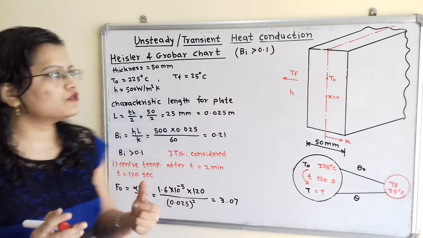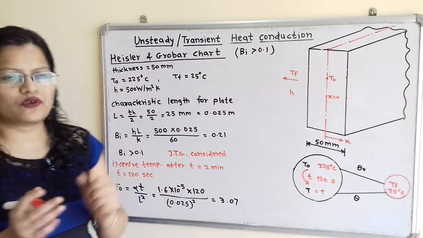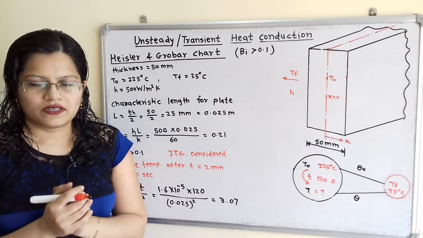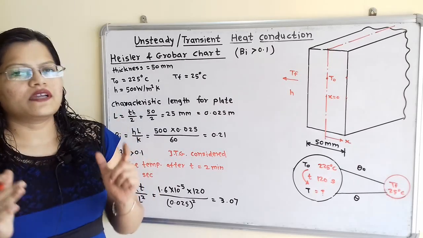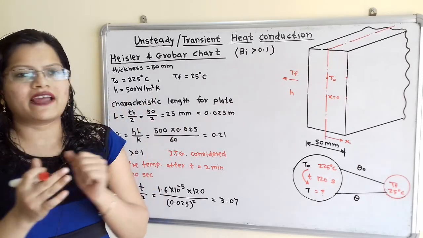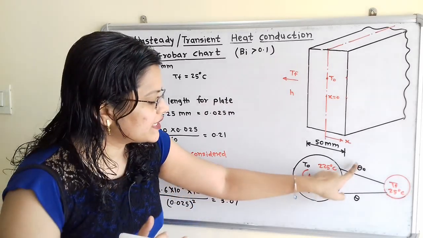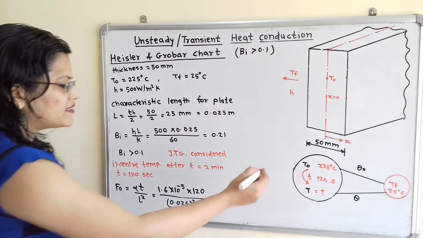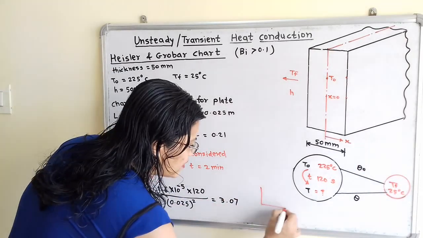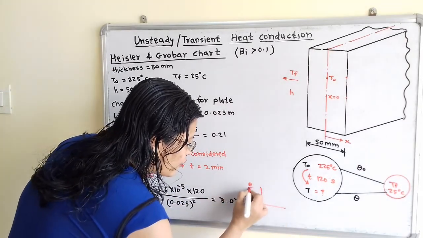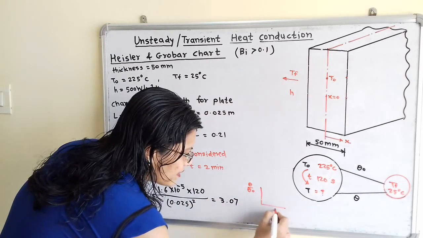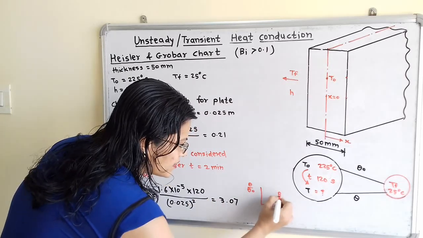That means we will use here the Heisler and Grober chart. Now if we observe this Heisler and Grober chart, then we have to find out theta and theta 0. So in this chart, here theta by theta 0 values are given, but here is the Fourier number and here is the Biot number.